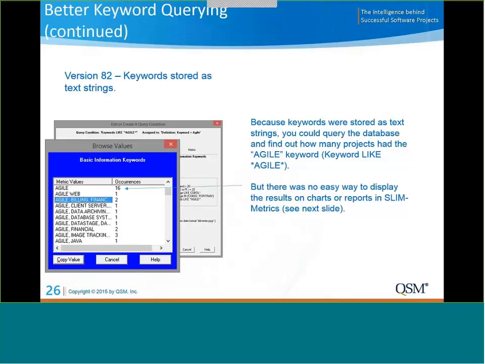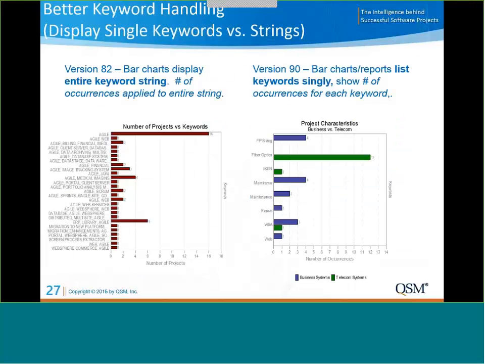And there was also no easy way to display the results on charts and reports side-by-side. So here's an example, a bar chart in 8.2, wanting to display keywords, and I would end up with the entire string. So the number of occurrences here is misleading and not helpful.